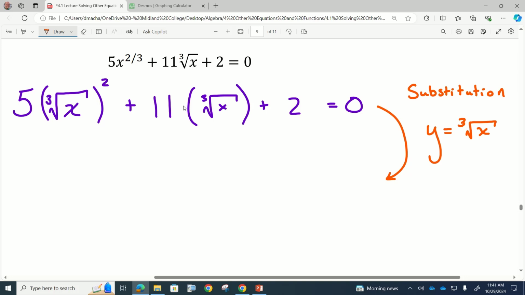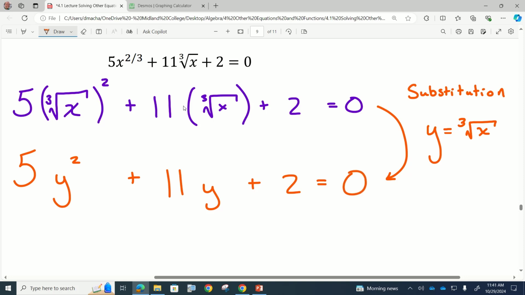And you do this because you want your equation to look like this. Instead of cube root of x squared, now it's just y squared. 11 times cube root of x becomes 11y. And the great part is that this is a quadratic equation. You choose your substitution in such a way to make a quadratic equation.